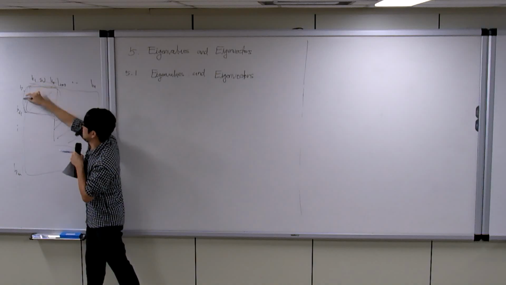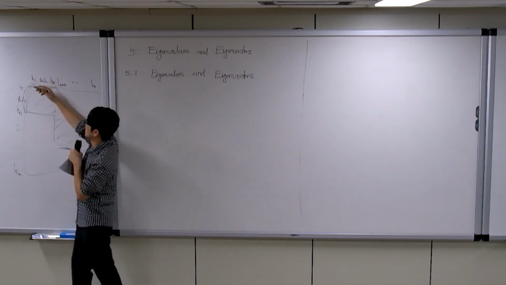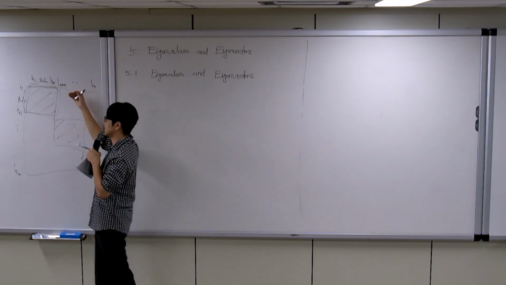If you define this w1, then the space is the same as the column space and the row space.